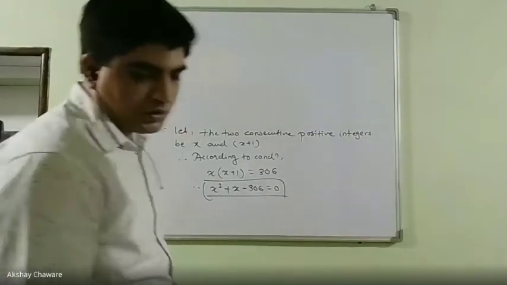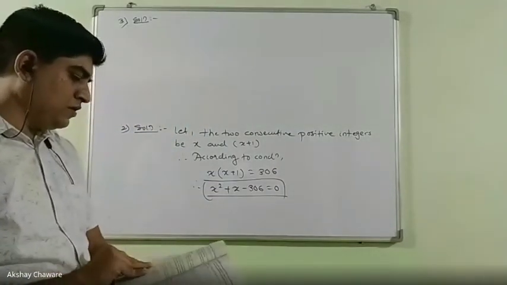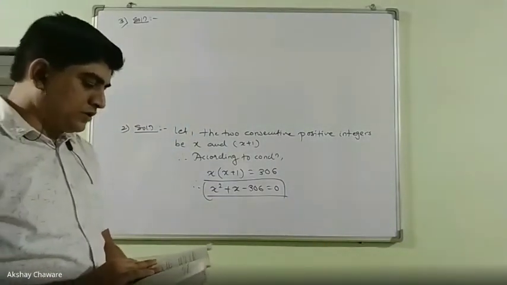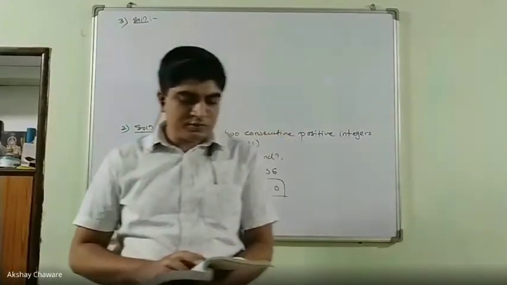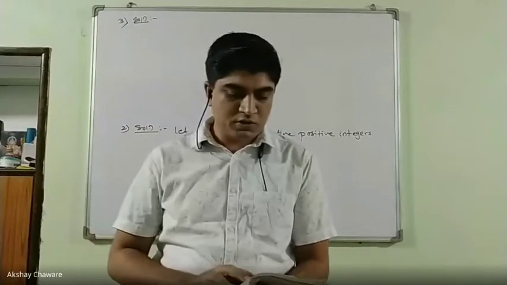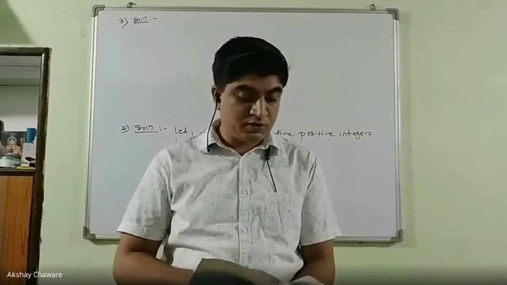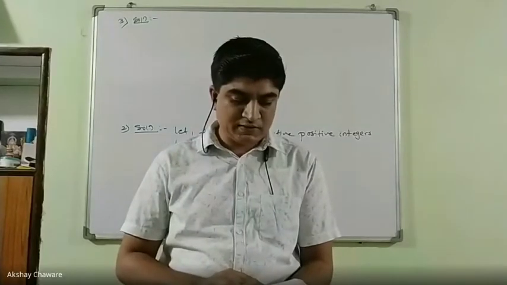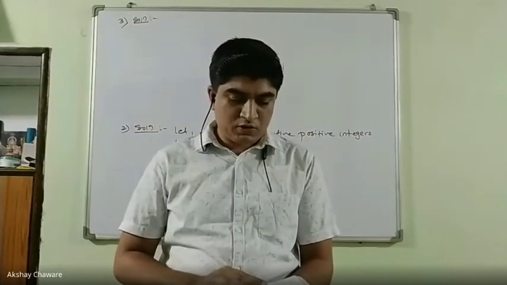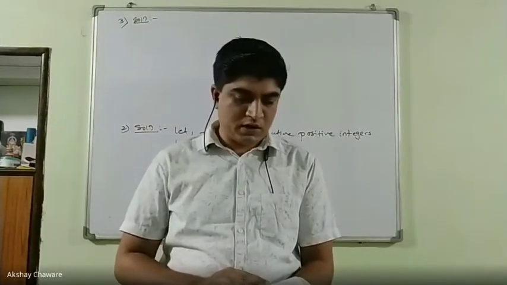See question number 3. Rohan's mother is 26 years older than him. The product of their ages in years 3 years from now will be 360. We would like to find Rohan's present age.